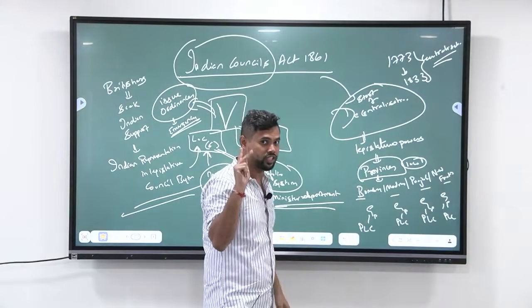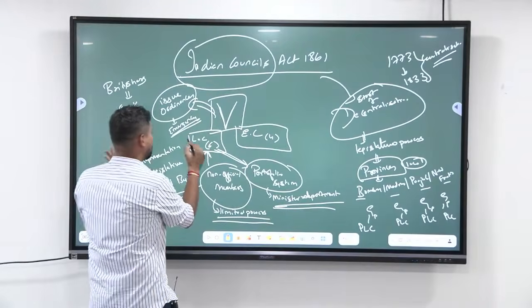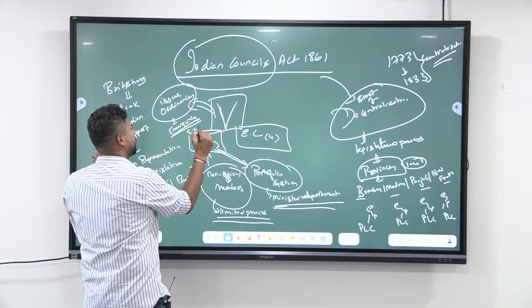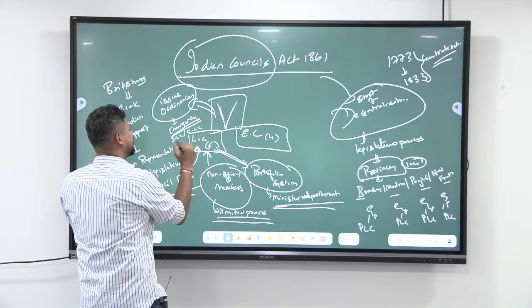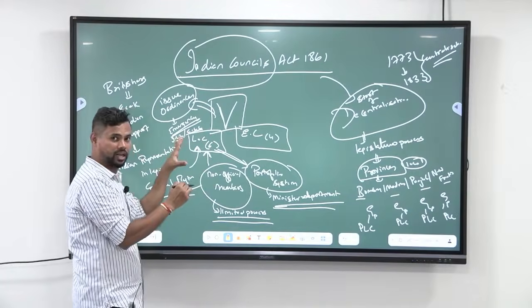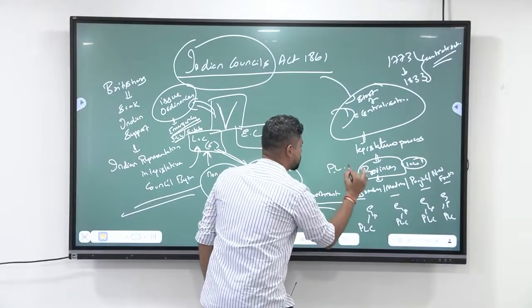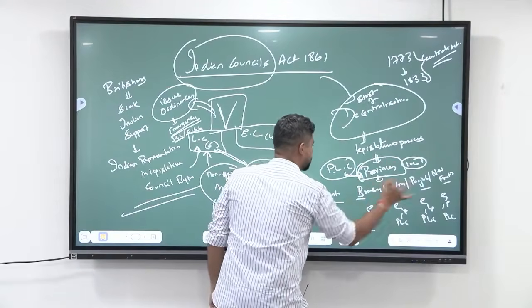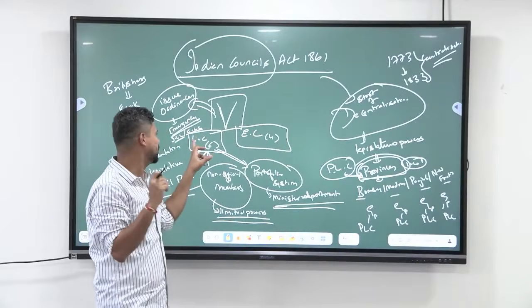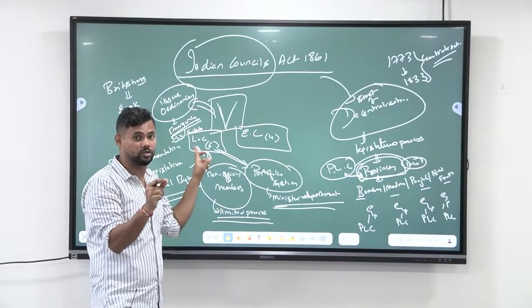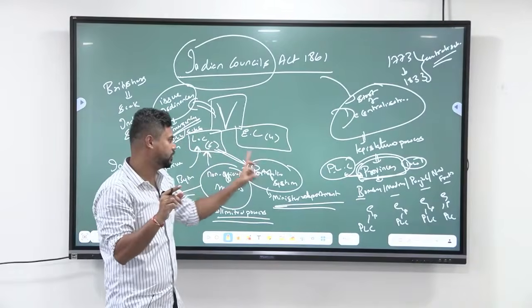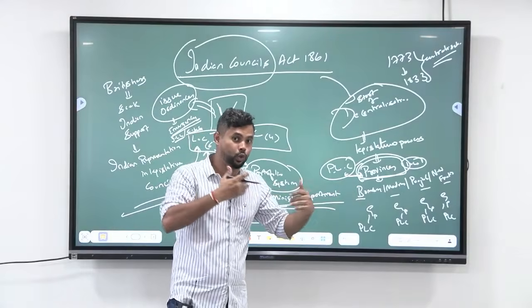One is the Central Legislative Council or the Indian Legislative Council. This will make the laws at the central level, and then you have the Provincial Legislative Council. These are the ones that will make the law at the provincial level. So understand that there is the Indian Legislative Council, or Imperial Legislative Council, or Central Legislative Council, and then you have the Provincial Legislative Council. So there are two levels that are created.